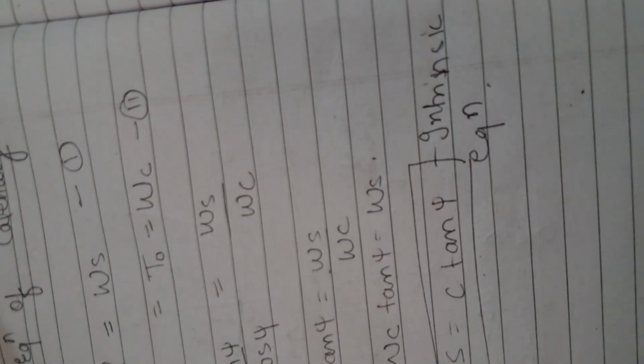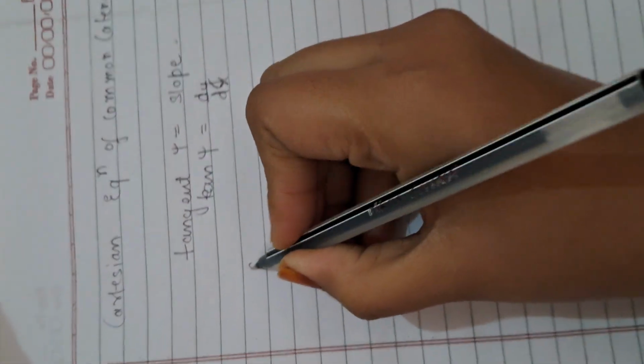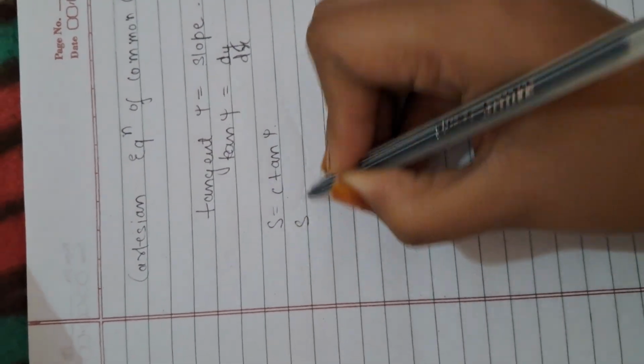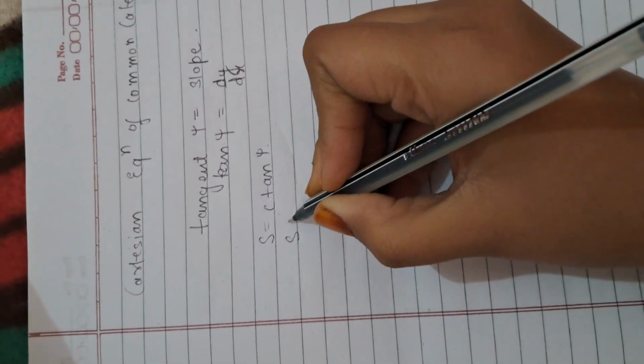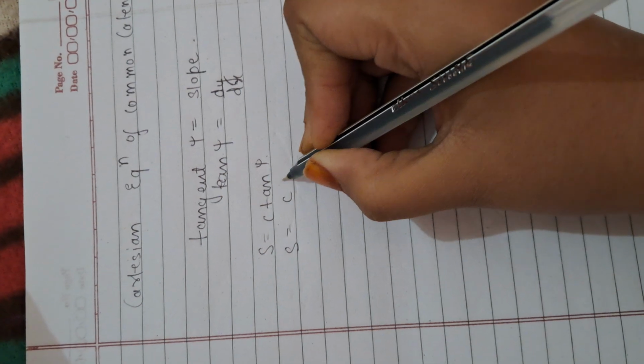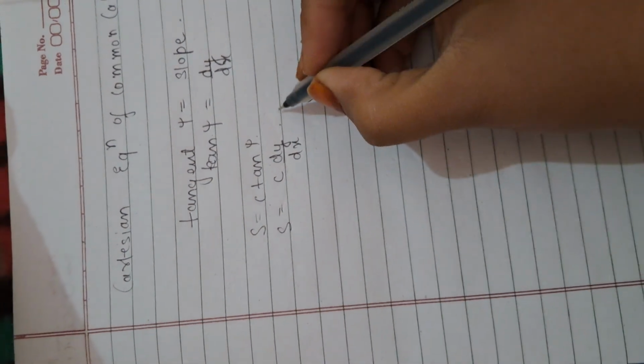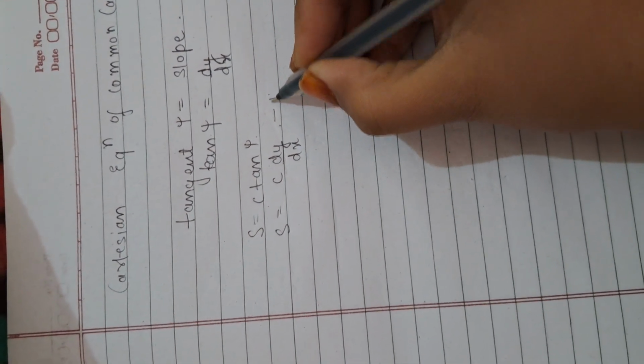From our previous equation, s equals c tan psi, that is our intrinsic equation, putting the value of tan psi, that is the slope, we get s equals c dy by dx. Let us consider this equation A.